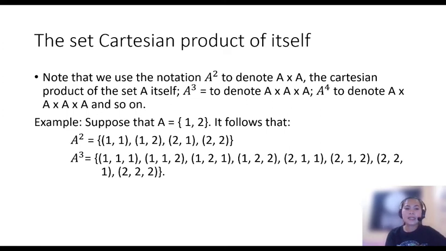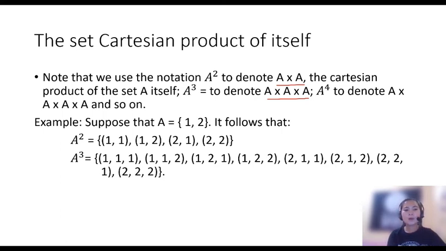So, kapag a sub 2, ibig sabihin, ganito yung form niya. And then, there are 2 elements inside the open and close parentheses. And then, kapag a sub 3 naman, ganyan yung form. And then, we have 3 elements inside the open and close parentheses. And then, same sa a raised to 4. So, 4 na elements inside the open and close parentheses.